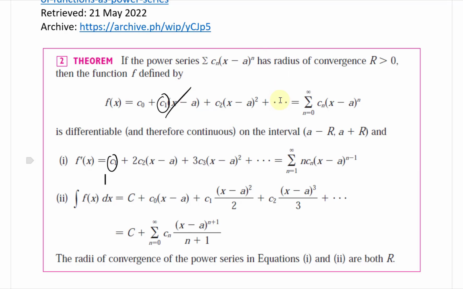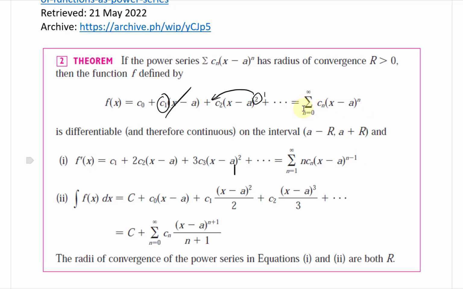And now for this one, the 2 goes down and this becomes a 1, so the 2 goes down here, c2 times x minus a to the power of 1. Likewise, in the next one, the 3 goes down and the power subtracts to 2, and you get 3 c3 times x minus a squared, etc. And you can see the derivative here, the n goes down and you subtract 1.